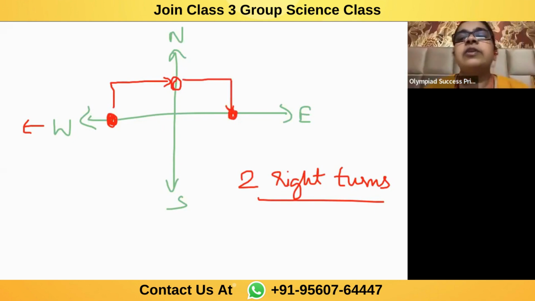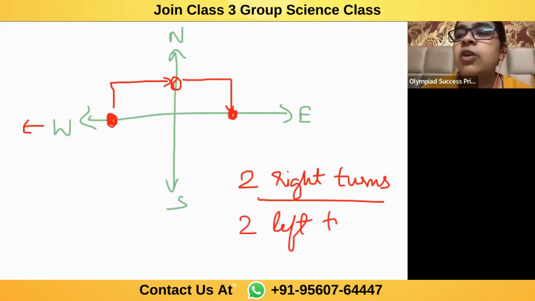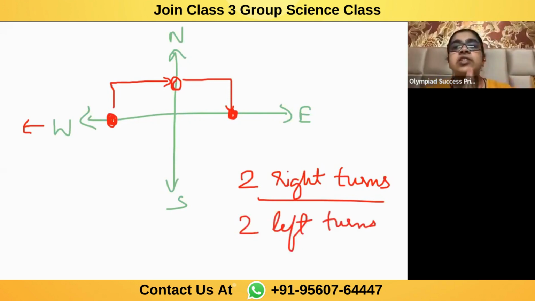the east. So remember, this is a very good fun fact. Whenever you take 2 right turns or 2 left turns, you always reach the same place, that is the opposite direction.